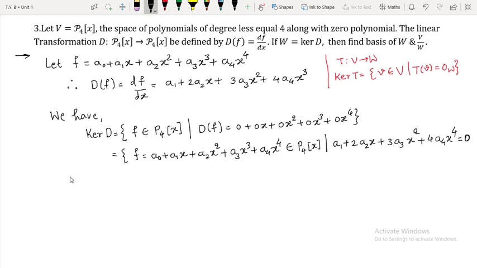Now try to understand, it is a bold 0, meaning this 0, this one.